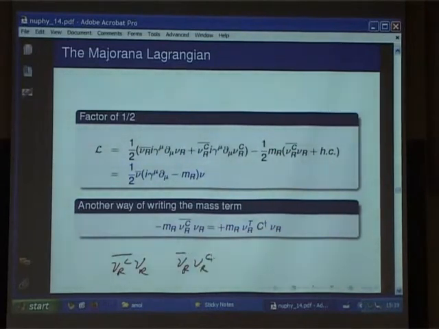They are just Hermitian conjugates of each other. Sometimes you will see them like this, ν_R transpose C dagger ν_R. Sometimes, which is where the subtlety comes into play, C dagger is in this gamma matrix space. Sometimes people loosely also write this thing as ν_R transpose ν_R.